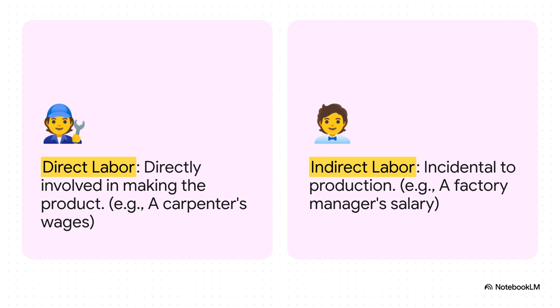You're paying them specifically to make that thing. But what about the supervisor who manages the whole workshop? Or the person cleaning up the sawdust at the end of the day? That's indirect labor. Their work is essential, for sure, but they aren't hands-on with one specific product. And splitting these helps a business know exactly how much it costs to make the thing versus how much it costs to just run the place.